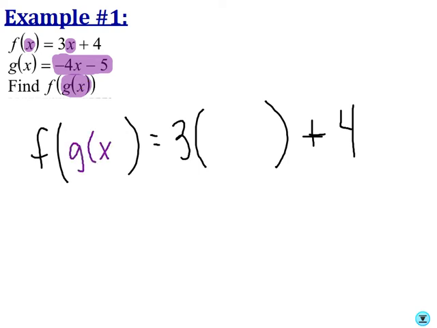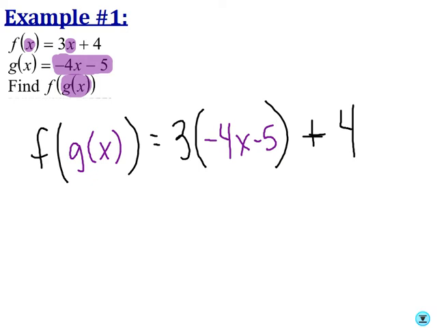Remember, we're going to leave this as g of x on the left because we're telling people what we're doing with the functions. That is strictly notation, but on the right side, we're actually going to plug in that function. So negative 4x minus 5. So step 1, all we did is plug it in, and we would leave it just like that.